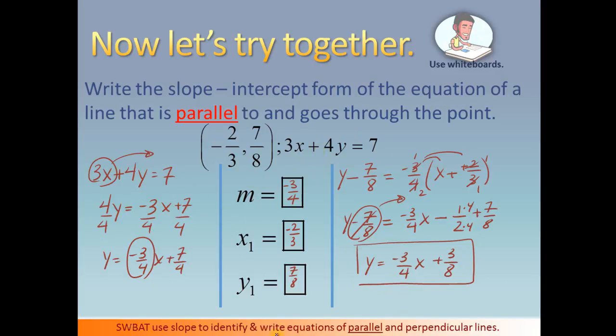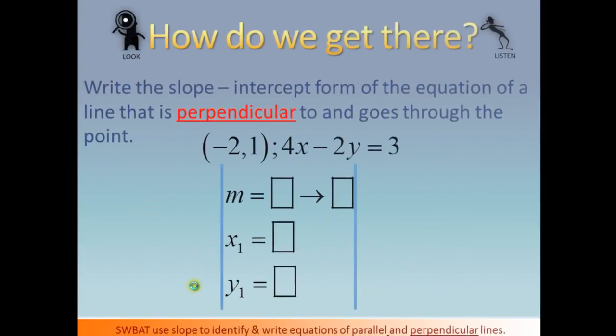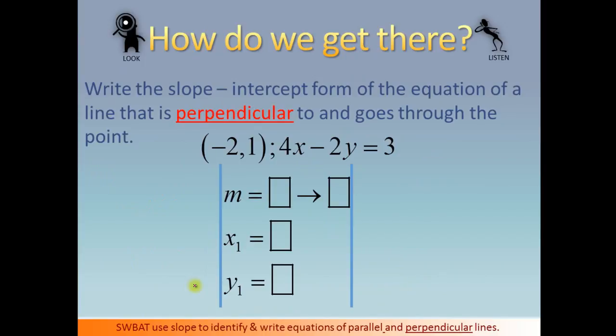There we go. Okay, so now we're talking about perpendicular. When two lines are perpendicular, their slopes are negative reciprocals of each other. We start out very similarly. We're already given a point, negative 2, 1. Negative 2 is my x1, 1 is my y1.